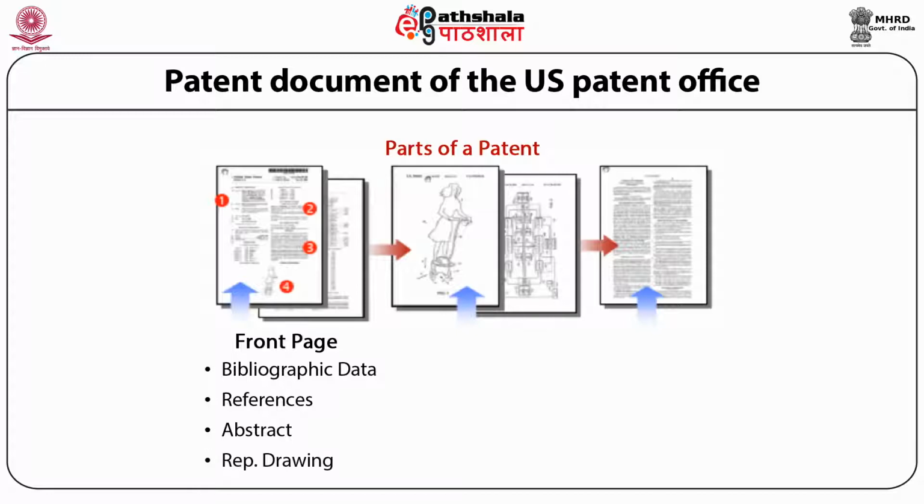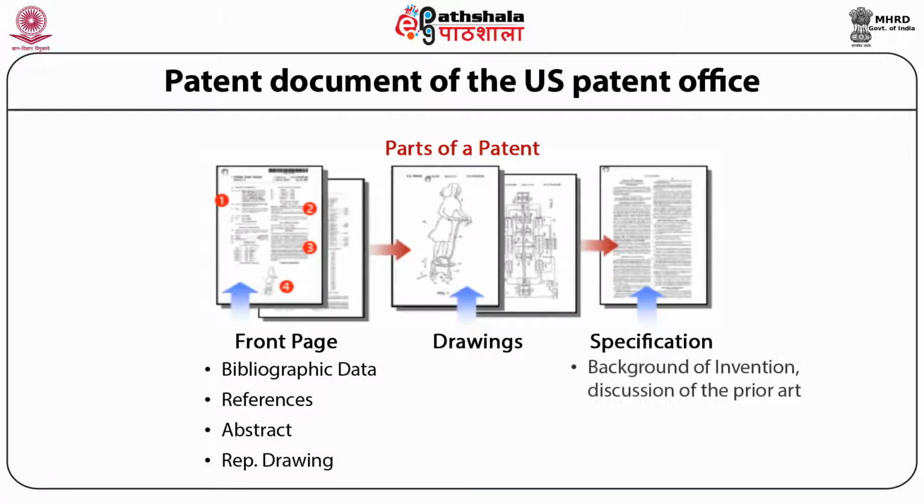Then there is an abstract of this patent and sometimes also drawing. Then you have the detailed drawings in some patents, and then you find the specification, which is a techno-legal document. We call it a techno-legal document because it talks of the background of the invention and discusses prior art.